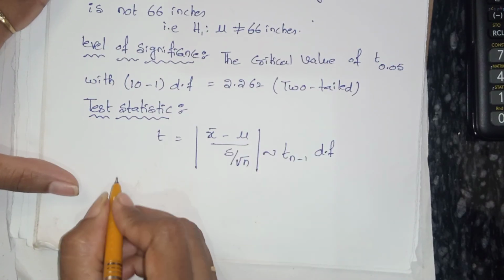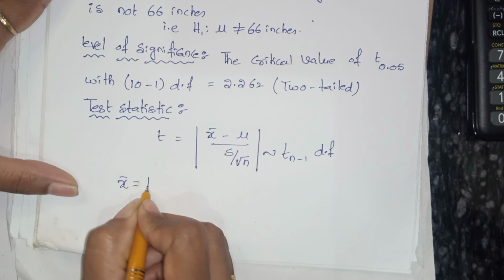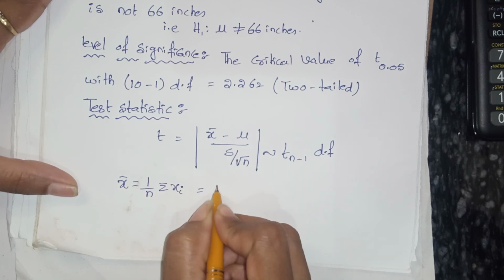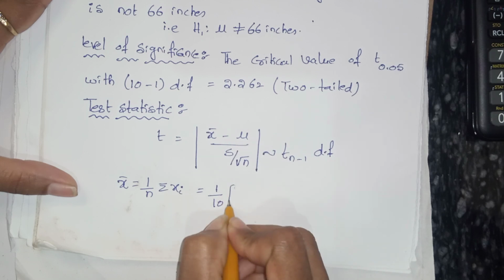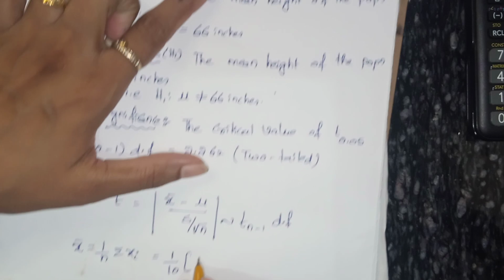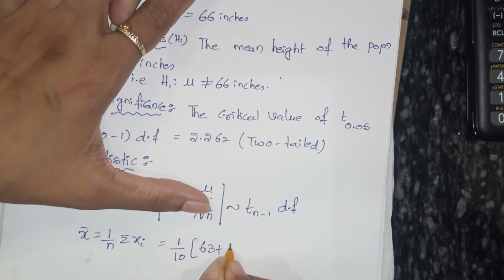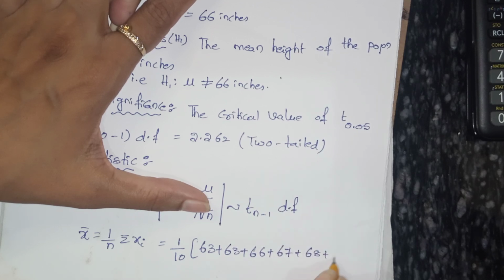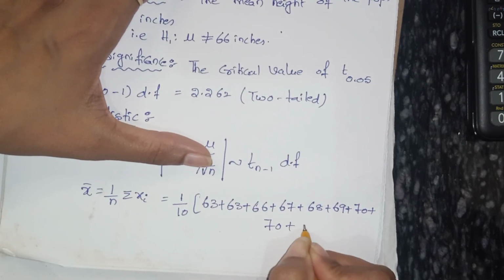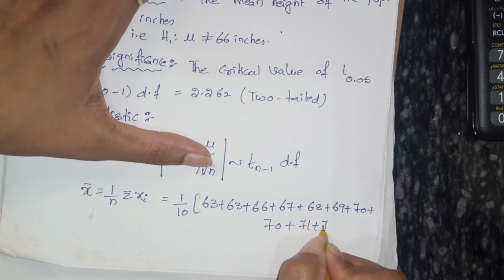We all know the mean formula: x bar equals 1 by n summation xi. That equals 1 by 10, summation, in the sense that we have to add all these: 63 plus 63 plus 66 plus 67, 68, 69, 70 plus 70 plus 71 plus 71.